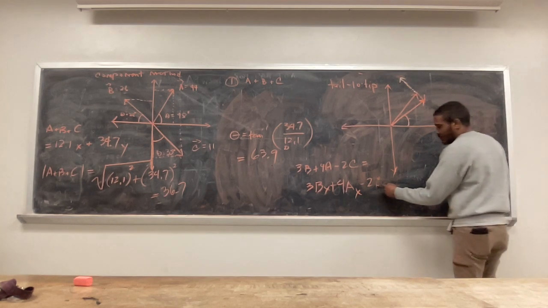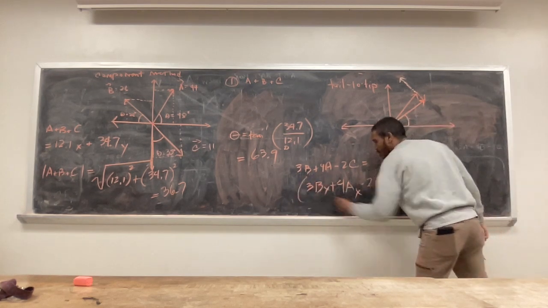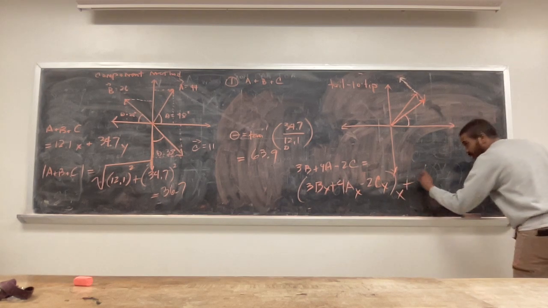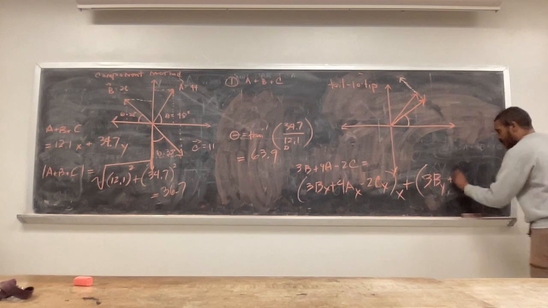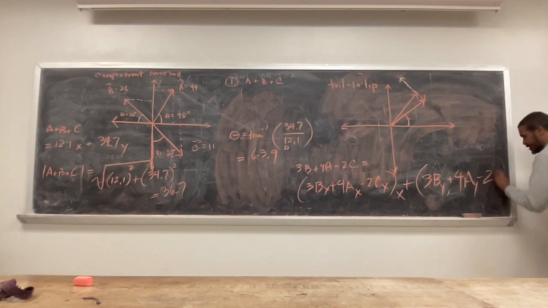So it'd be minus 2cx, and that represents my x component. Then I have plus 3by plus 4ay minus 2cy, and that's my y component.